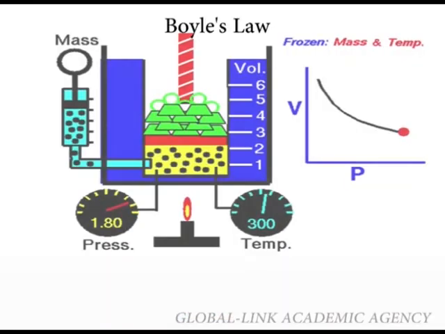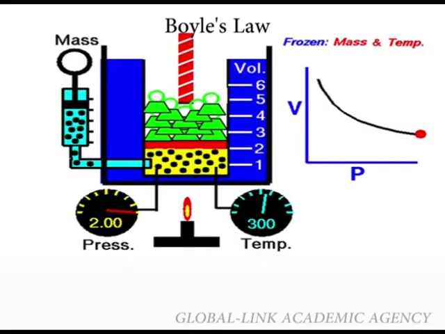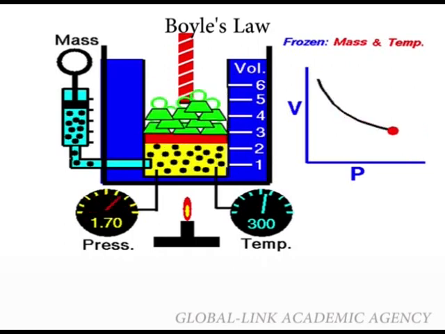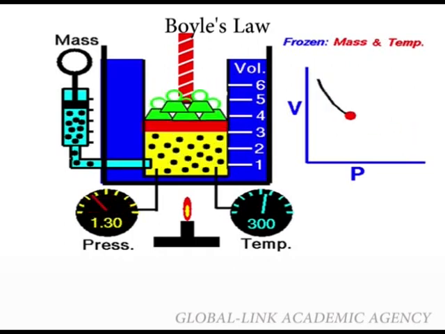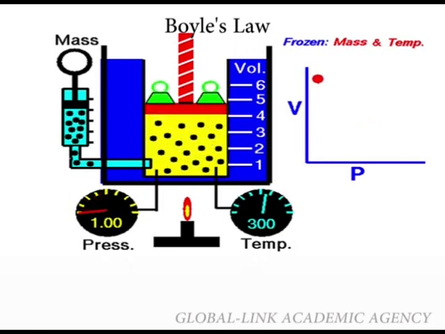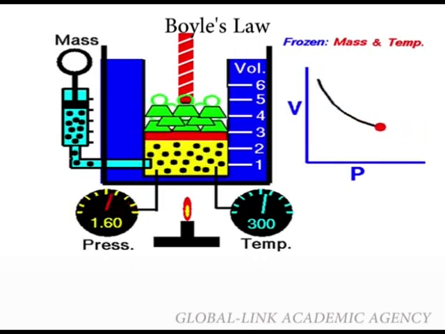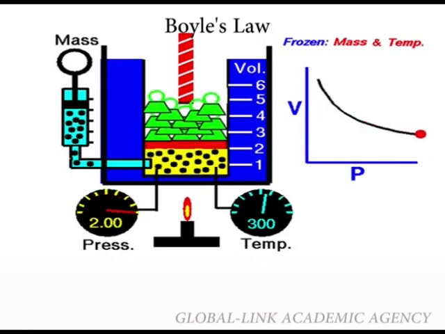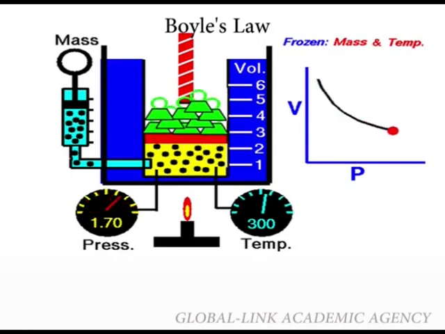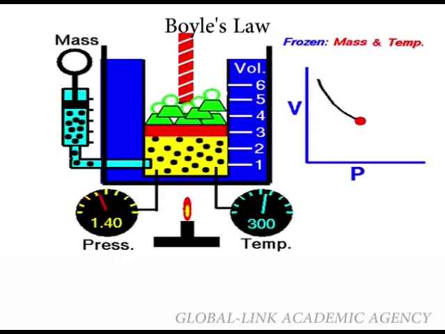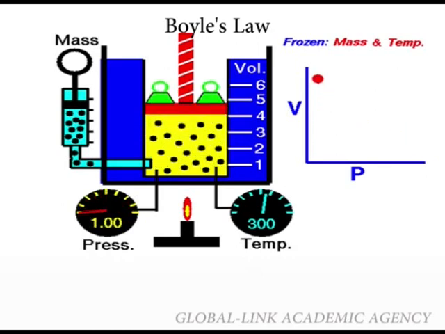A simpler way to think about this law is compressing air in a vessel. By compressing, what we are doing is increasing pressure and consequently the volume decreases. Notice in this animation that the mass of the gas is fixed, as is temperature.